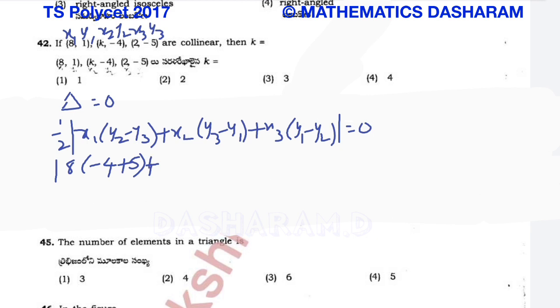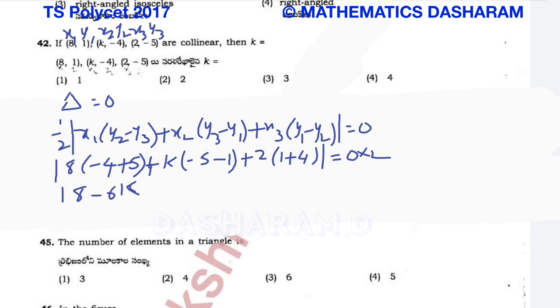Next x2 that is k, y3 minus 5 minus y1 that is 1, plus x3 2 bracket of y1 1 minus y2, minus of minus plus 4, equal to 0 into 2. So minus 4 plus 5 is plus 1, 1 into 8 is 8, minus 5 minus 1 is minus 6, so minus 6k. Next, 1 plus 4 is 5, 5 into 2 is 10, equal to 0.